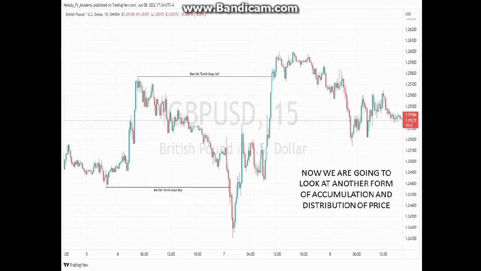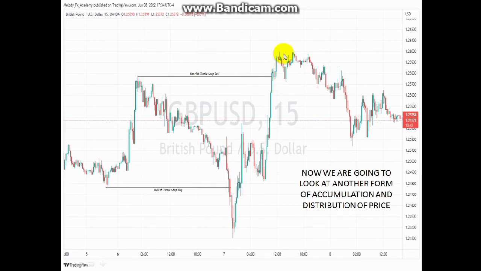All right, going down further, you can definitely see that we had a bearish turtle soup sell. We have a run on buy side liquidity. We have a bearish turtle soup sell, and we have a bullish turtle soup buy. So before this major move upward, we had a bullish turtle soup buy, and before this major decline, we had a bearish turtle soup sell.